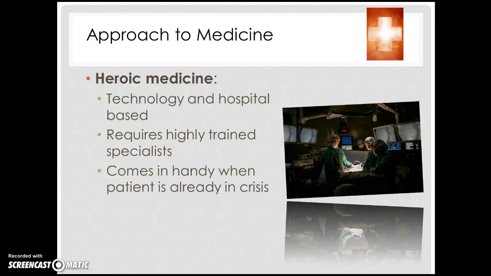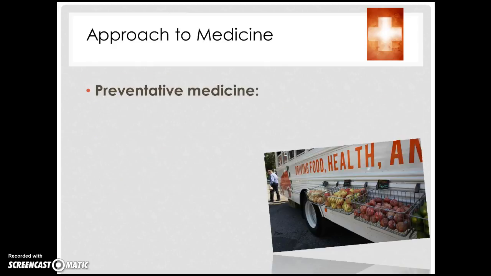So it comes in handy when a patient is already in crisis. They've overdosed, or they are having a heart attack, or a stroke, or they are going into some sort of seizure. The body has ceased to operate as normal, and heroic medicine is needed. We need the technology and the special skills and training that are associated with heroic medicine.